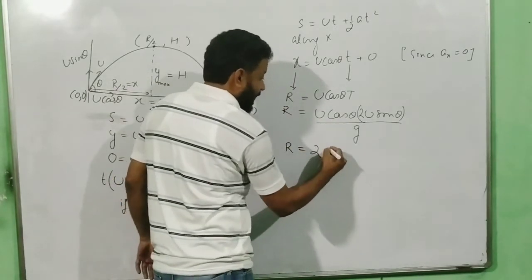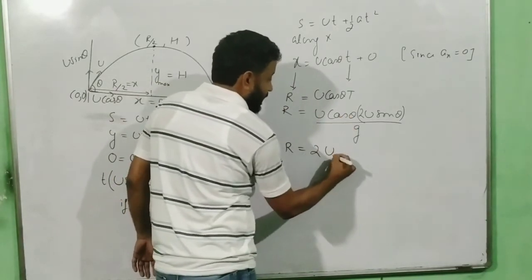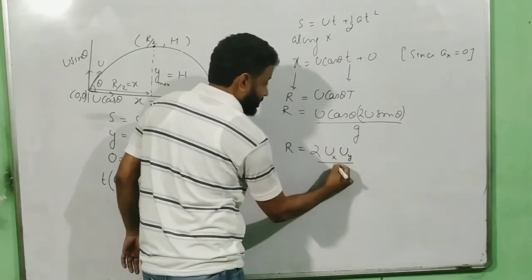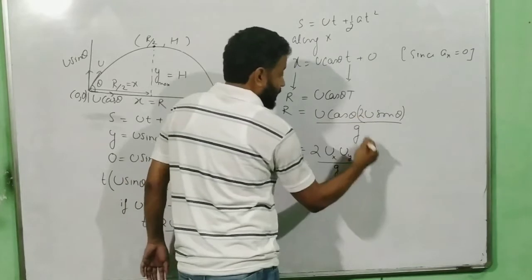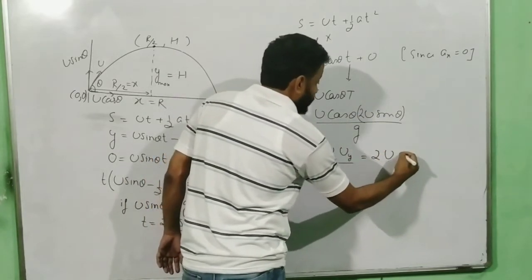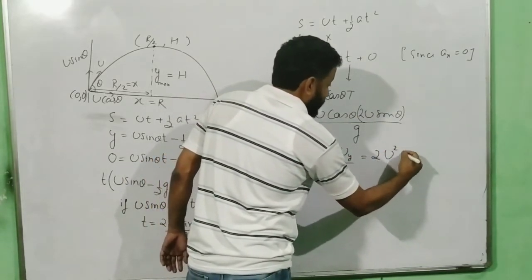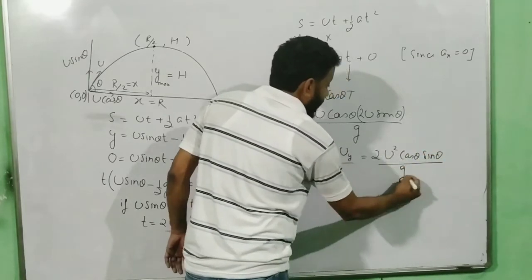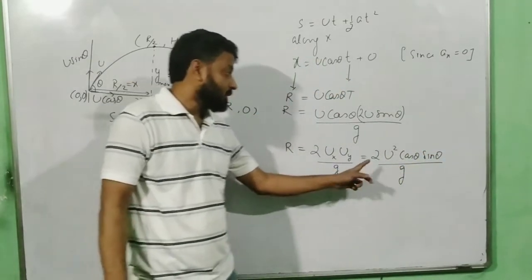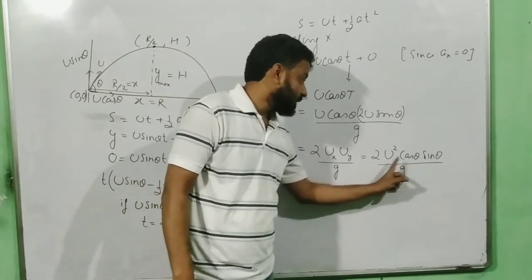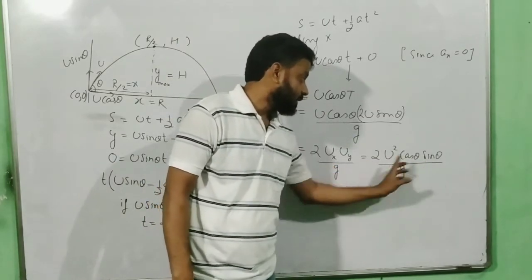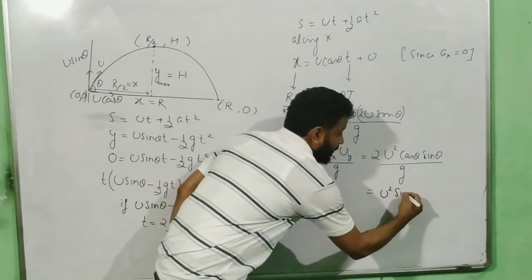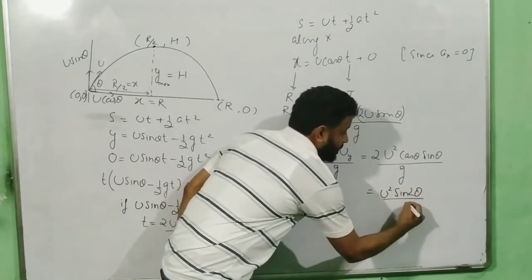The formula which I like is u cos theta written as ux and u sin theta written as uy. Or this will be equal to 2u square cos theta sin theta divided by g. And using the trigonometric formula 2 cos theta sin theta is sin 2 theta, you can write the answer as u square sin 2 theta divided by g.